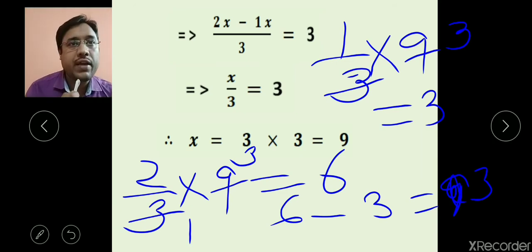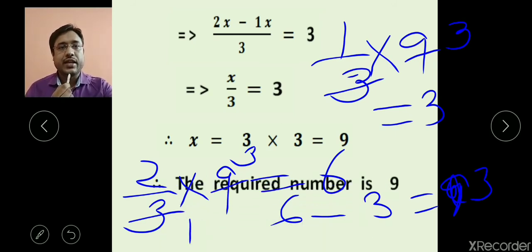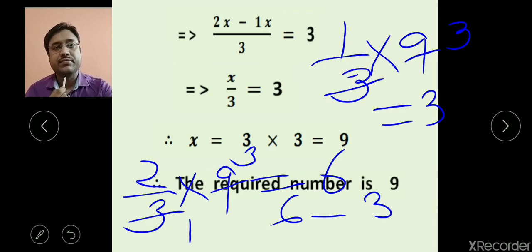So this way we can check the solution also, that really 2 by 3 of the number is 6 and 1 by 3 is 3, and the difference between them is 3. Hence we can see that the required solution is 9.